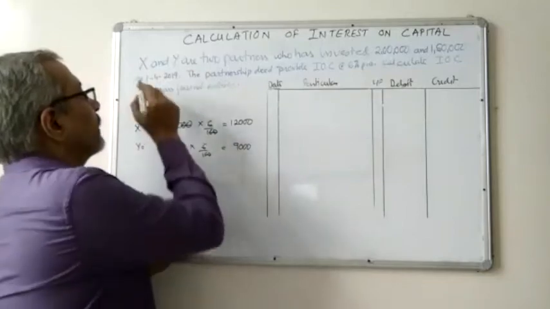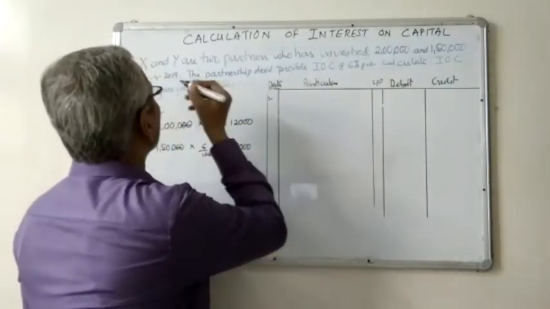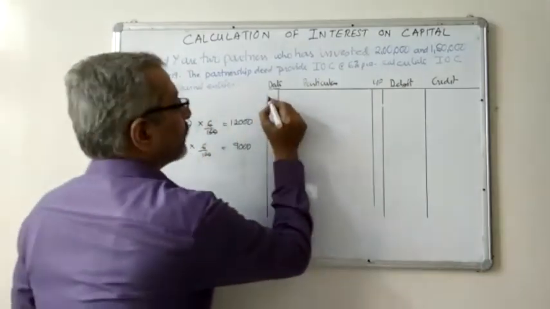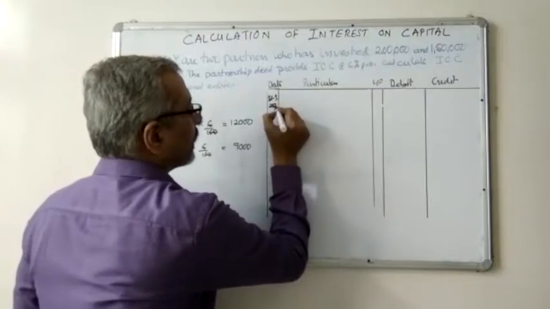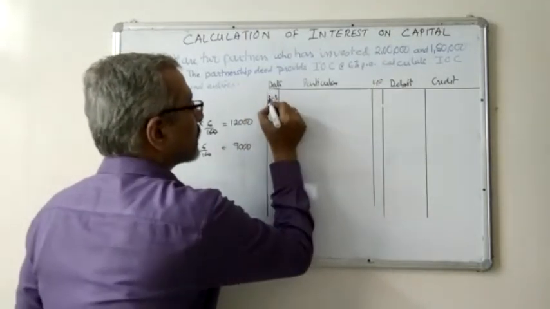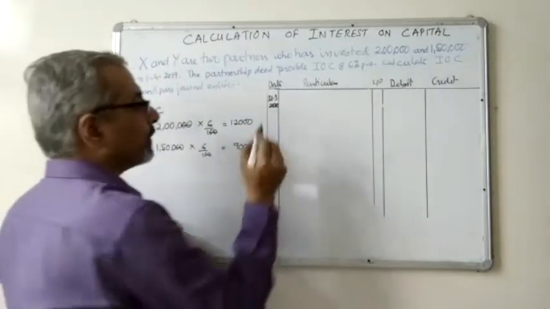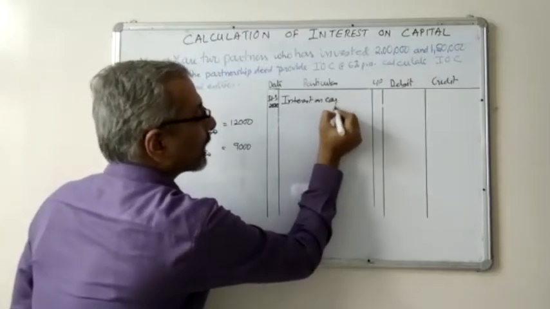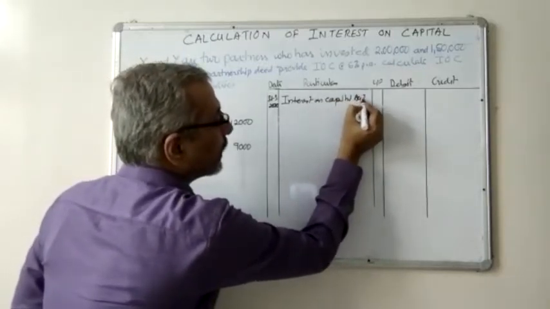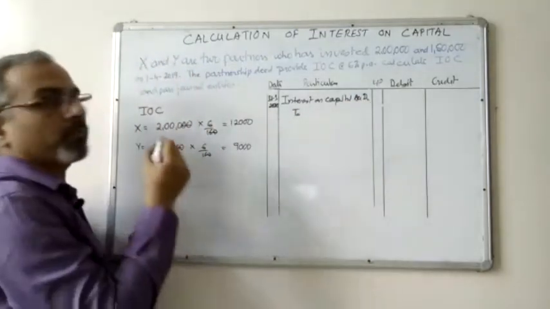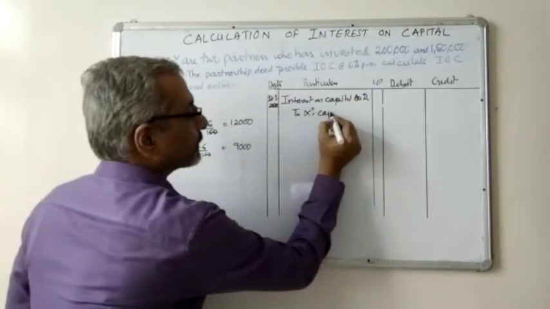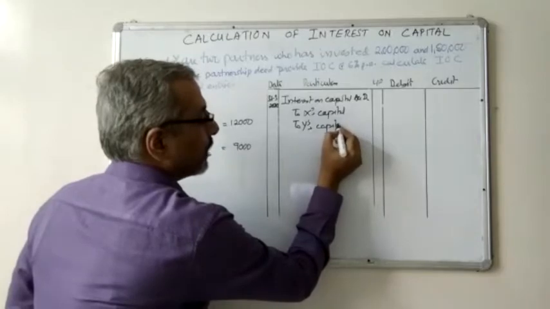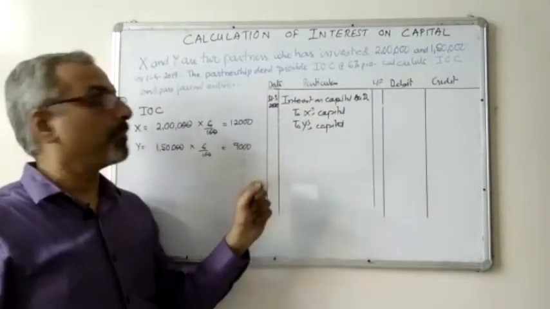You have been given the date as on 1st of April 2019, but since we are calculating the interest for the whole year, the date over here will be 31st of March 2020. So what will be the first journal entry? It will be interest on capital account debit to X's capital to Y's capital.